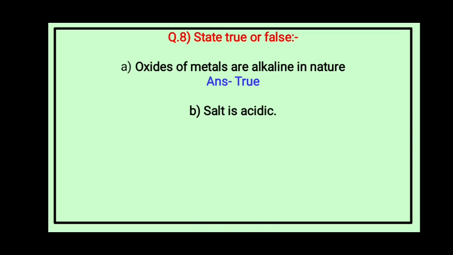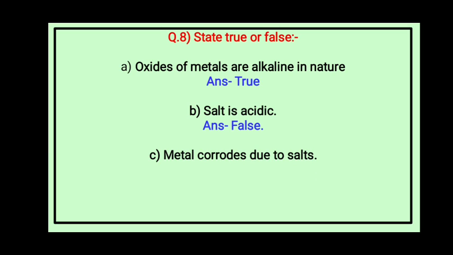Second one, salt is acidic. Is it true or false? Is salt acidic? The answer is false, because salt is not acidic, it is neutral. Third one, metal corrodes due to salts.